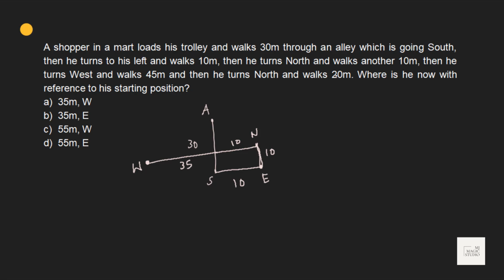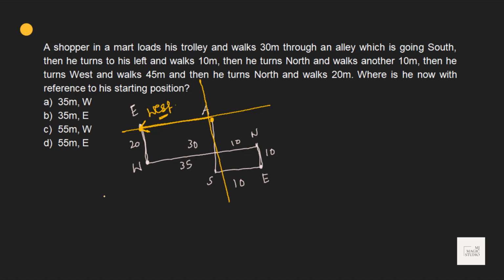And he turns north and walks 20. North again and walks 20. That is the end point. Let it be E. Where is he now with reference to his starting position? This is the starting position. We will have main directions here. We can see that E is on the same line with A and towards west.